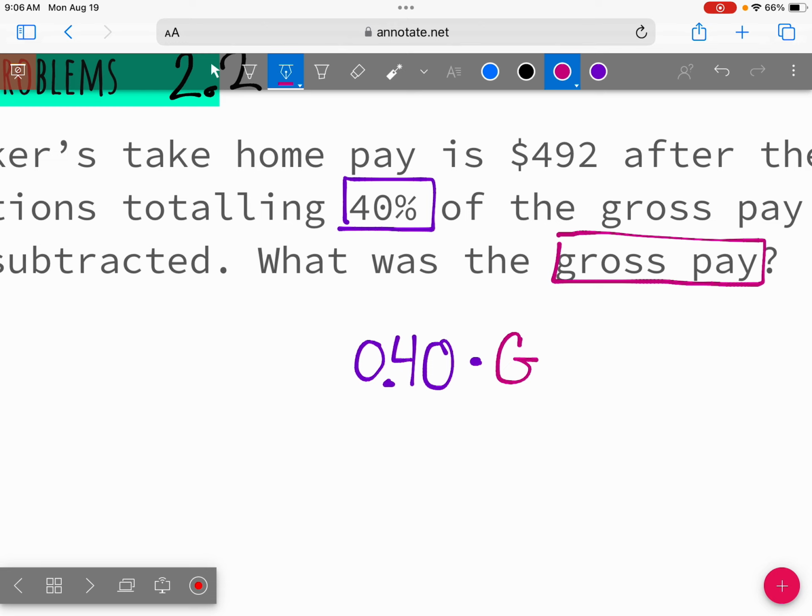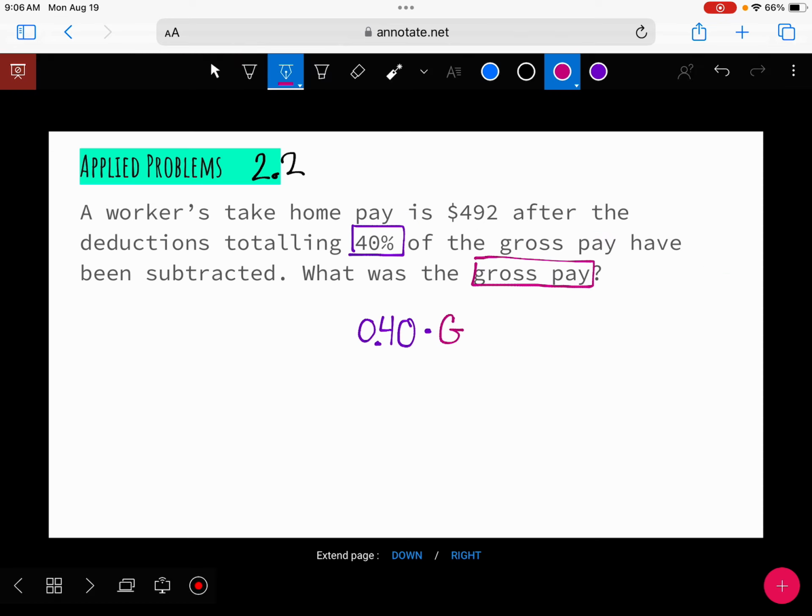But it's not that 40% of my gross pay is the 492. What do I need to do in order to have 40% of the gross pay have been subtracted? Yeah, we need to subtract the 40% of the gross pay, right? That's what it says. We're subtracting 40% of that from what? From the original, right?